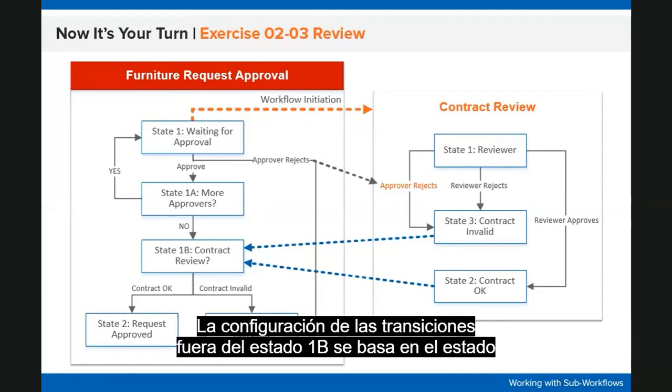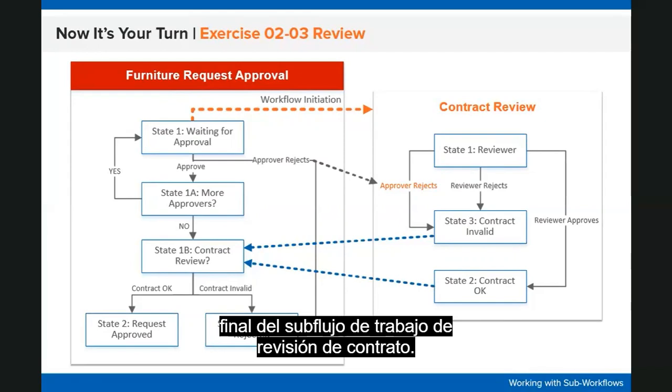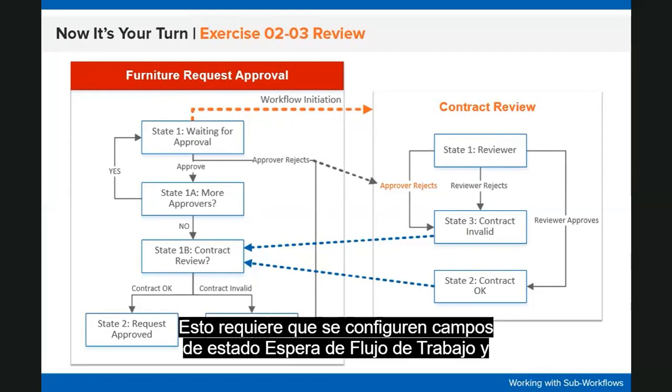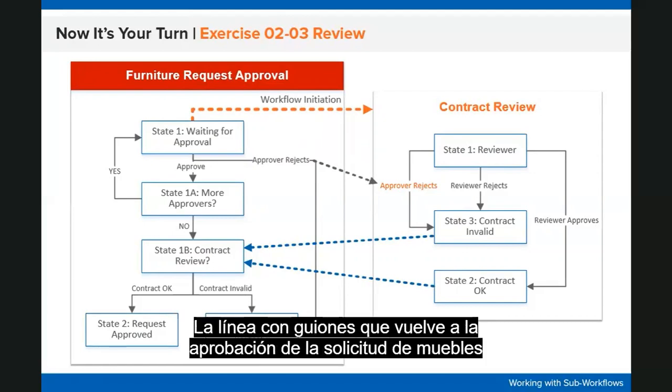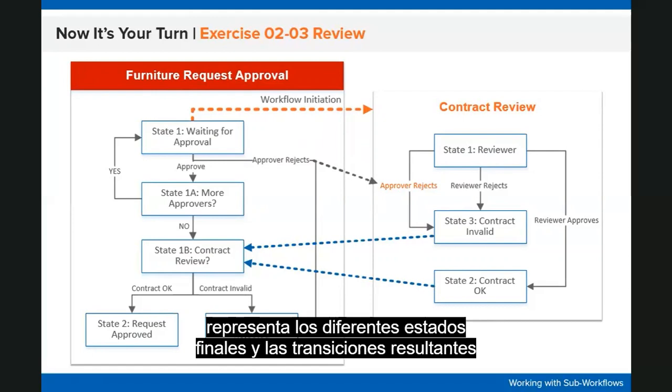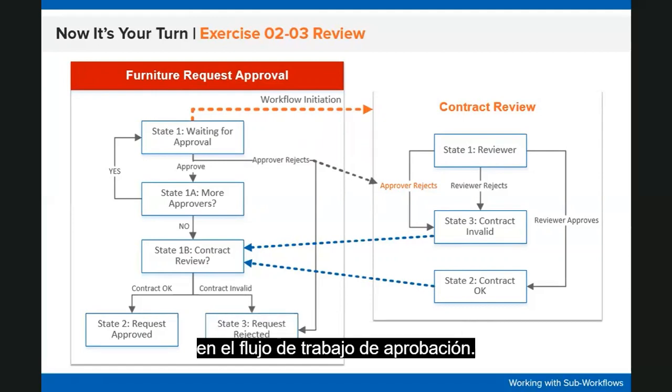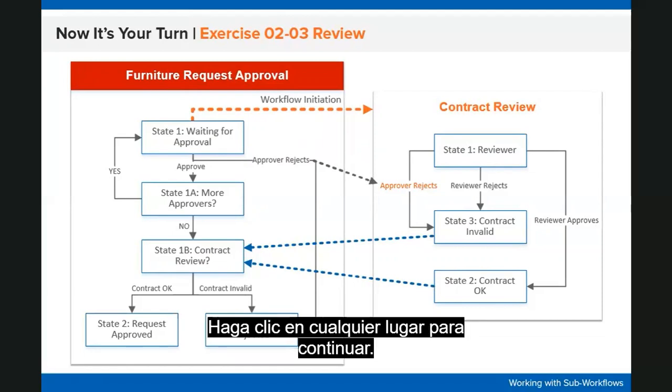The configuration of the transitions out of state 1B are based on the final end state of the contract review sub-workflow. This requires both wait for workflow and wait for workflow state fields to be configured on each transition. The dashed line returning to furniture request approval represents the different end states and the resulting transitions in the approval workflow. Click anywhere to continue.